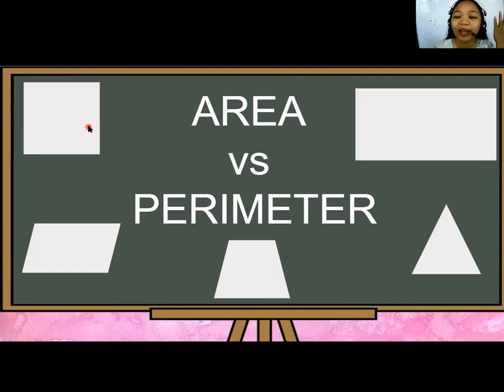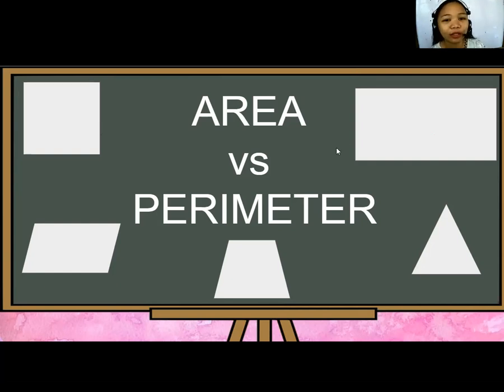So that is the area. In Tagalog, when you say perimeter, this is the measurement yung nasa labas. While pag sinabi mong area, ang i-measure mo ay yung nasa loob. Okay, so that is perimeter and area.